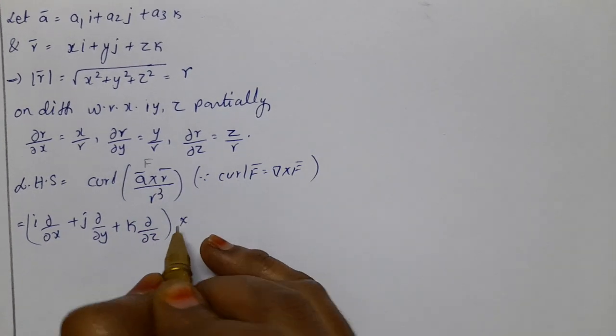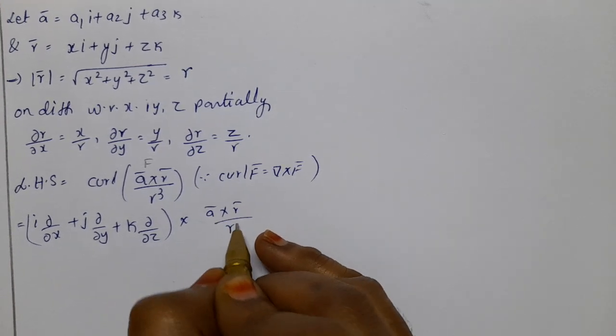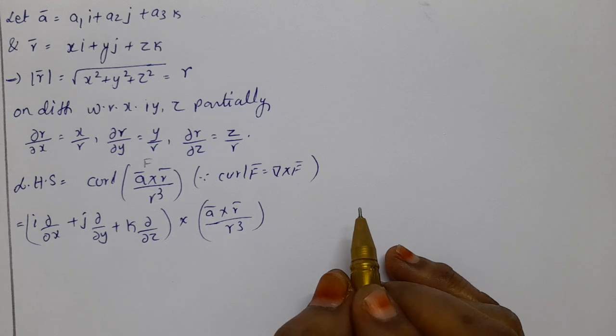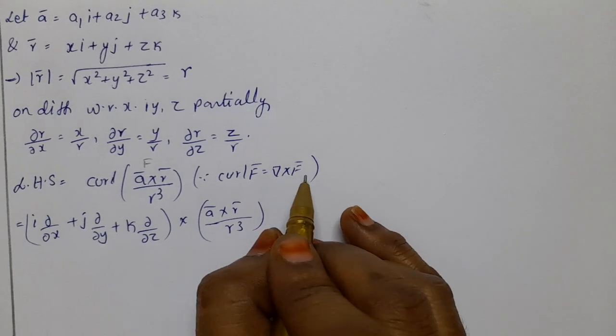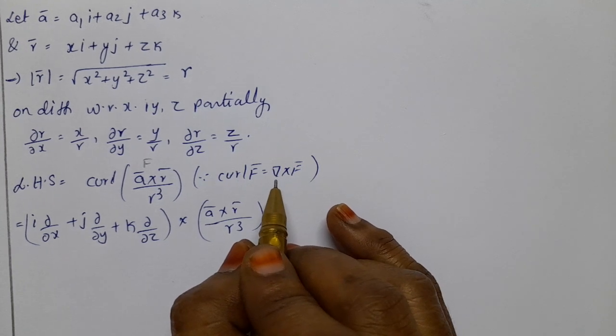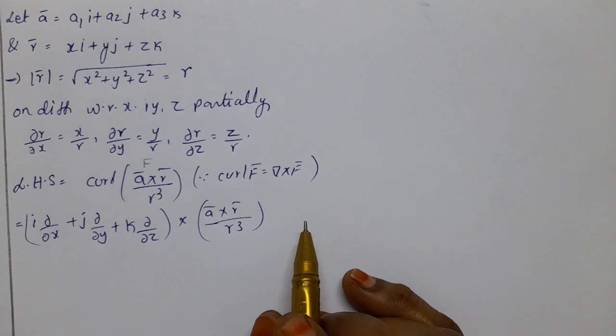Del cross f, where f is a bar cross r bar by r cube. If we are doing a numerical problem, the cross multiplication can be done with the determinant method, but here the vectors are general vectors r bar and a bar.